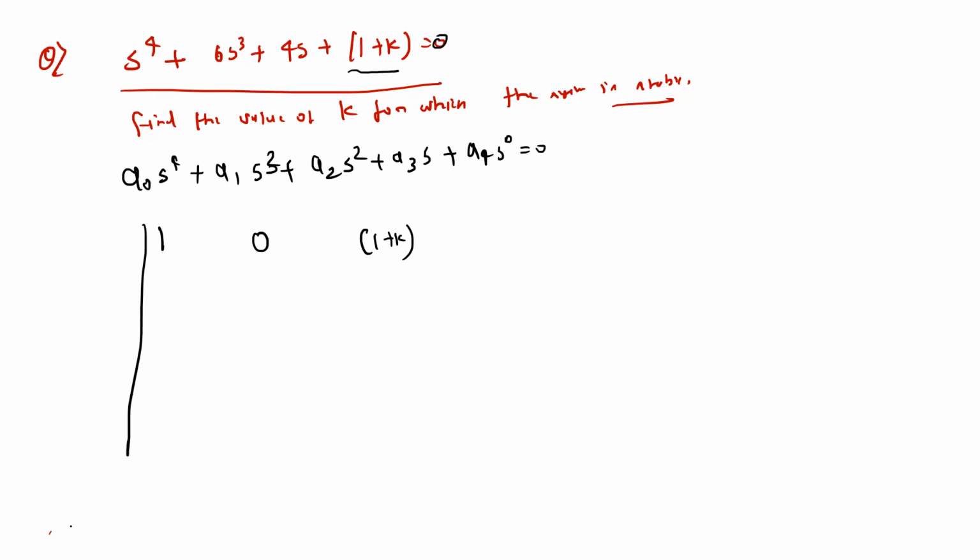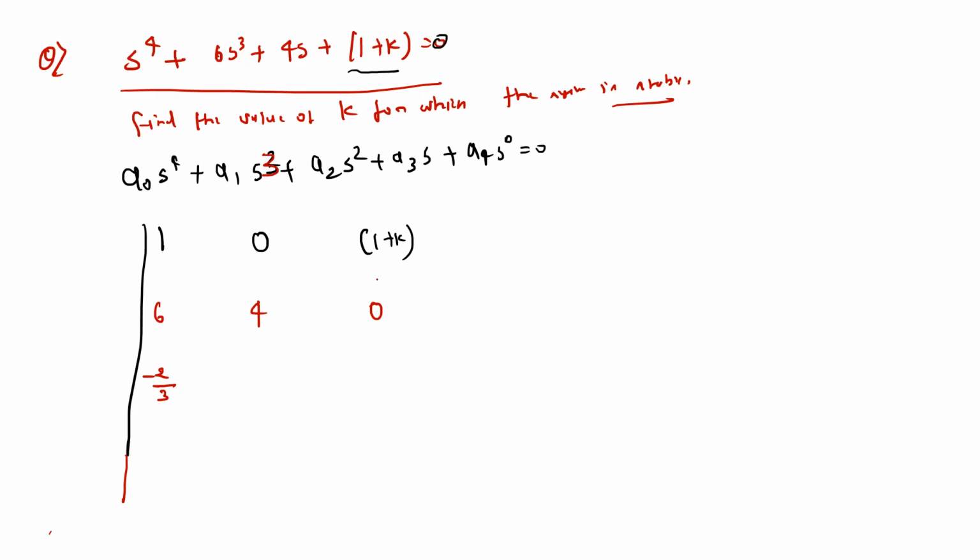Okay, let's see. The next one is a1 s^3. Your a1 is 6, and your a3 is 4. Again, this one is 0 over here. To find the value here, it is 6 into 0 minus 4 divided by 6, so minus 2 by 3.